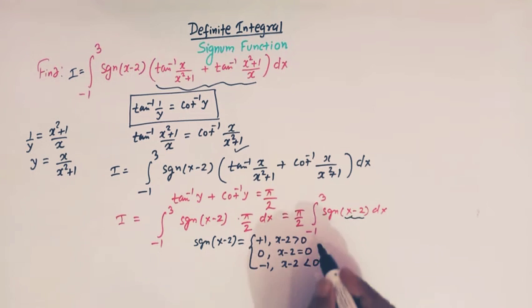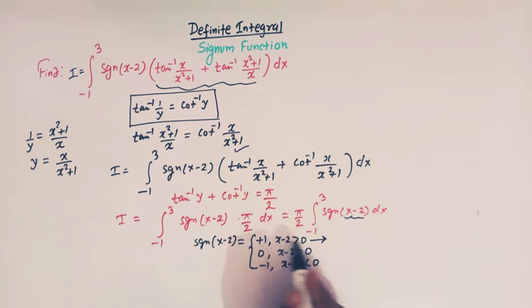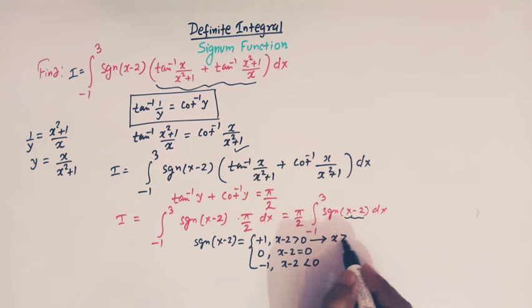So if we solve these inequalities and this equation, we have x greater than 2, x equal to 2, and x less than 2.